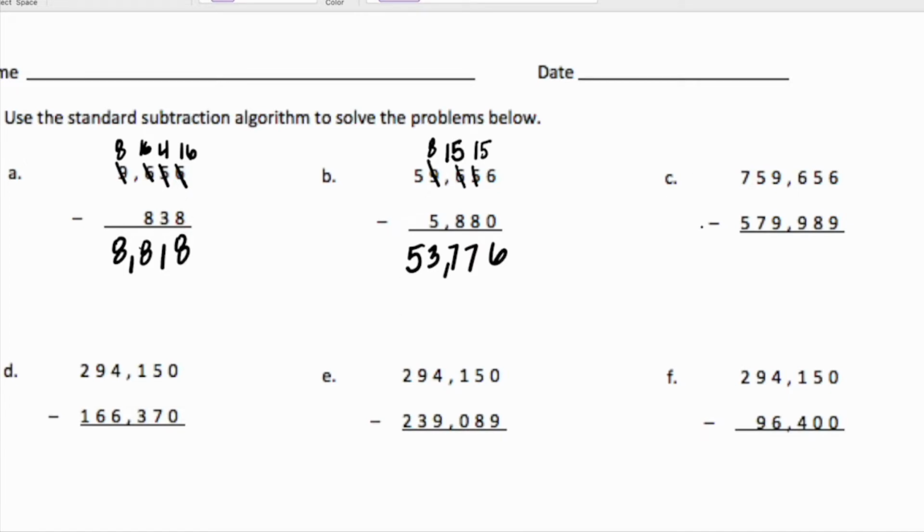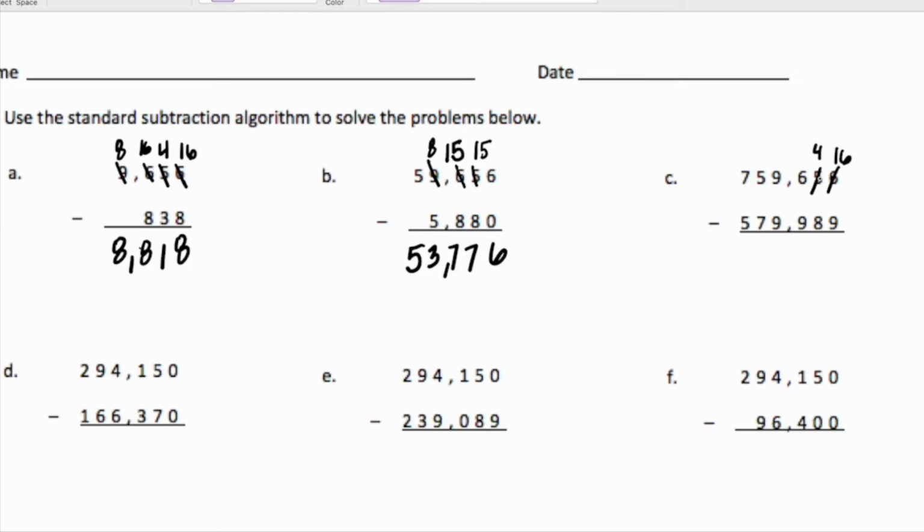For C, 759,656 minus 579,989. 6 minus 9, I cannot do. So I'm going to take from the 5. 5 becomes 4. And this 6 becomes 16. So we have 16 minus 9.